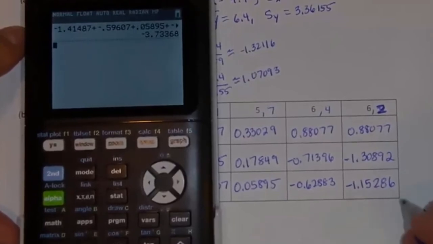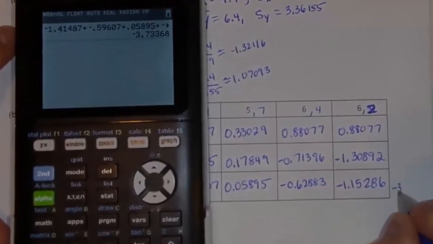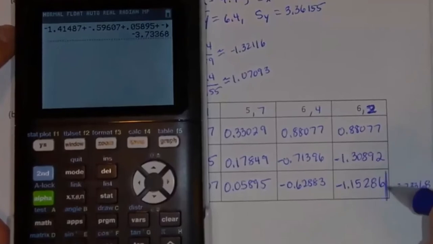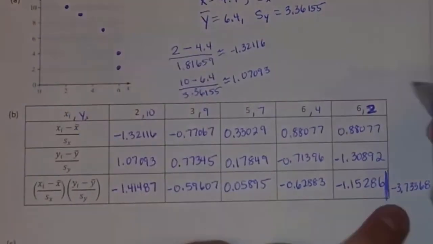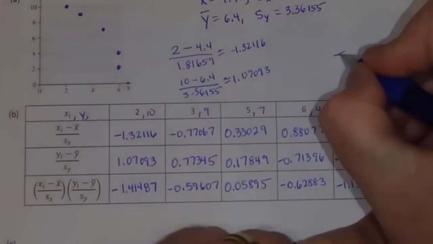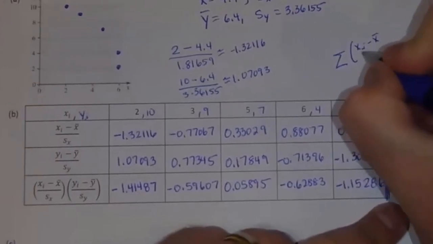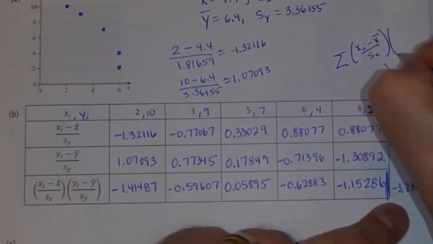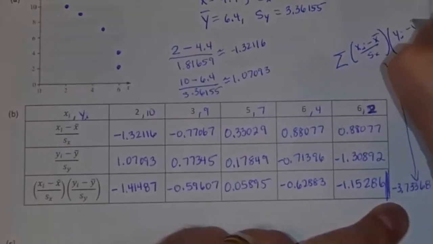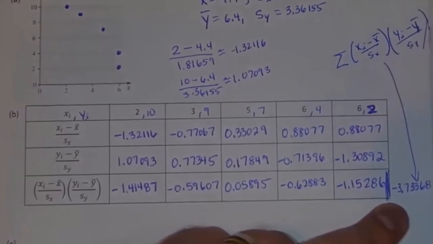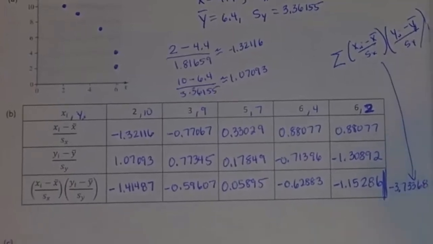And so that gives me negative 3.73368. That right there is the sum of x sub i minus x bar over s sub x times y sub i minus y bar over s sub y. That's what that calculation is, the top part of my correlation coefficient.